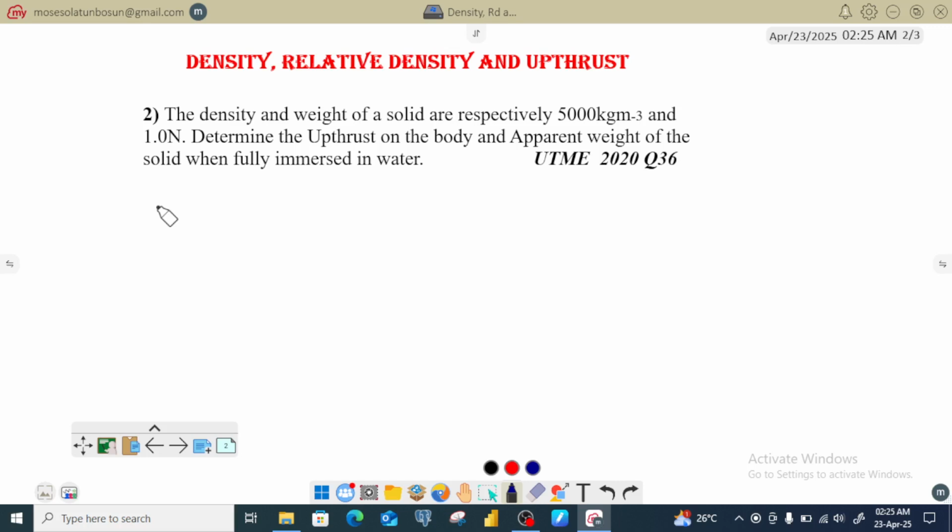Okay, now let's quickly pick some parameters from this question. According to the question, the density of the solid, let's use the symbol rho, density of the solid equals 5,000 kilogram per meter cube, and we have the weight of the solid equal to 1 Newton.